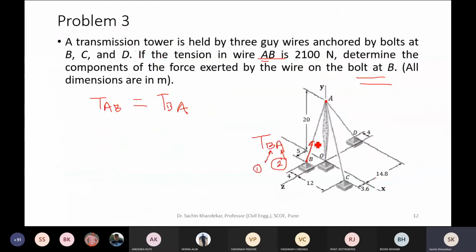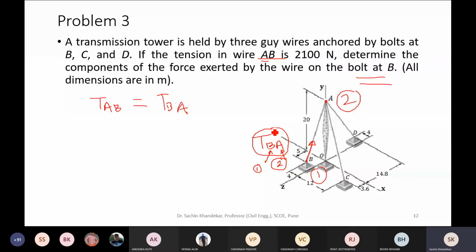So now, as far as this particular problem is concerned, B is your first point and A is your second point. So that means coordinates of point A minus coordinates of point B. This is how you are going to do the resolution of this TBA.